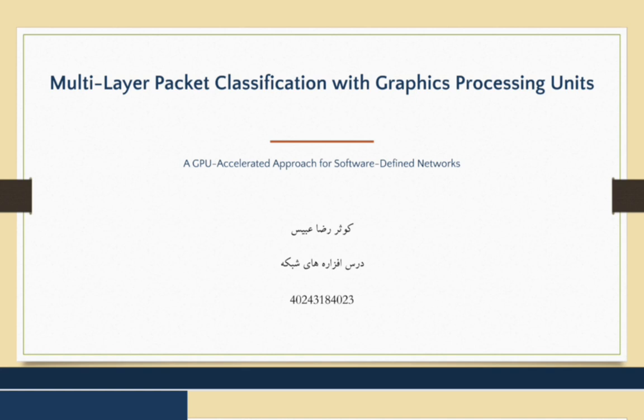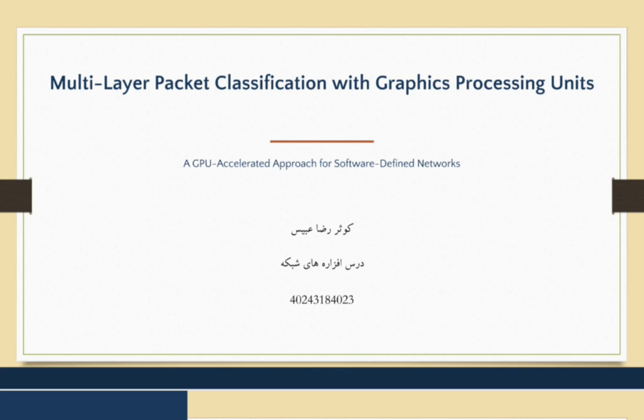This paper studies how GPUs can improve packet classification in software-based NAT switches. Packet classification maps incoming packets with network rules. Unlike CPUs, GPUs contain many parallel cores that can process multiple packets at the same time, improving speed and efficiency.